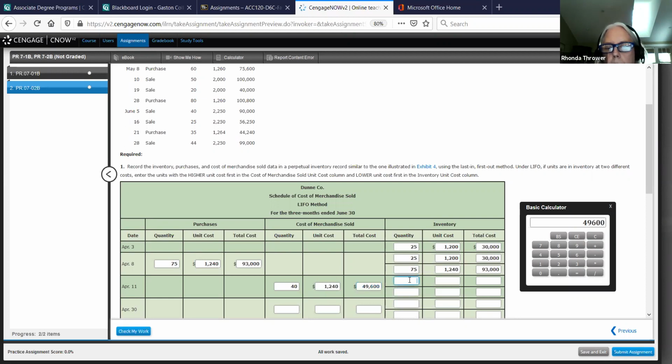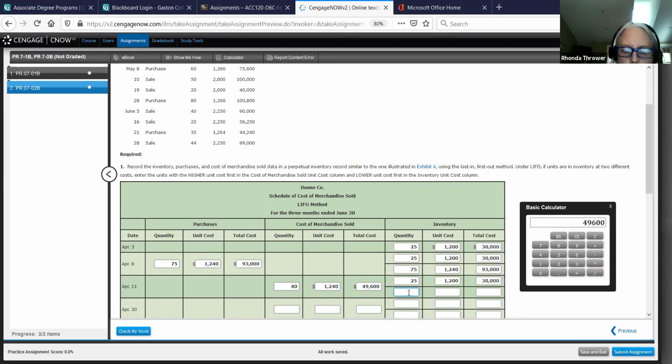So what's happening here, pay attention right here, is we're going to pull down our 25 units. Got to keep these still in order by their layers. You still have 25 units at $1,200 a piece, which is 30,000. And now we've sold 40 of the 75 units.